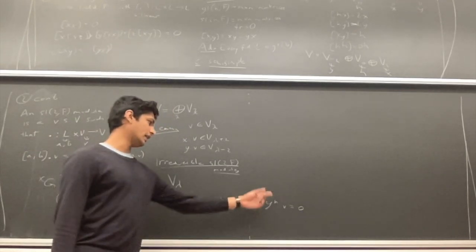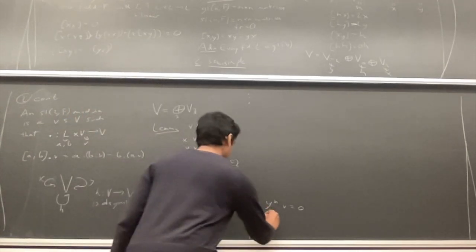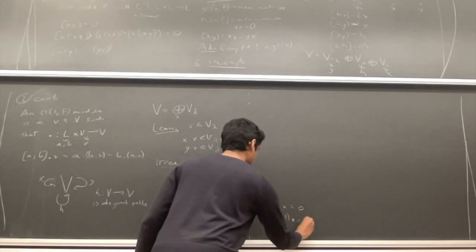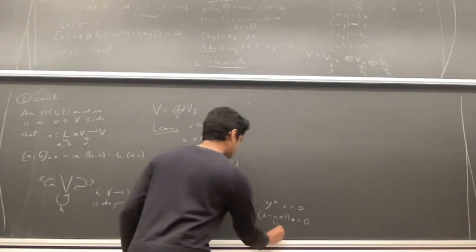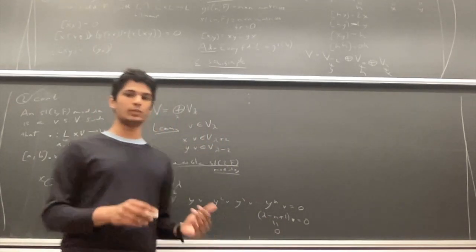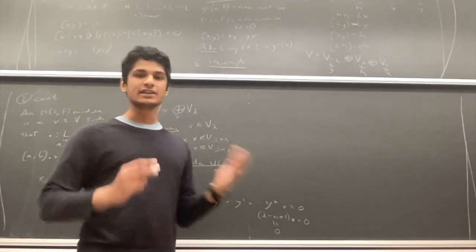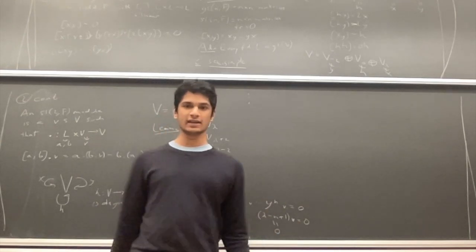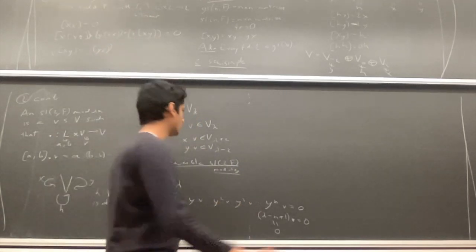Now there's some work to show this, but we can write that lambda minus n plus 1 is 0, and lambda is n minus 1. This indicates a close relationship between the maximal eigenvalue and the dimension. So the eigenvalues are integers, at least for these elements, which is very surprising. And in fact, this is the surprising result, which I'll show you in just a moment.